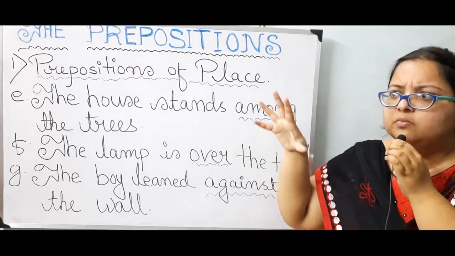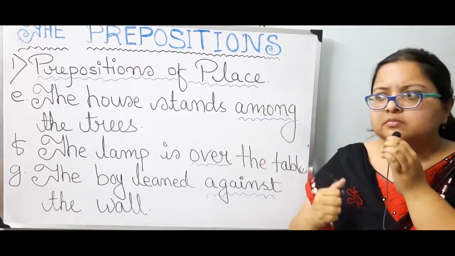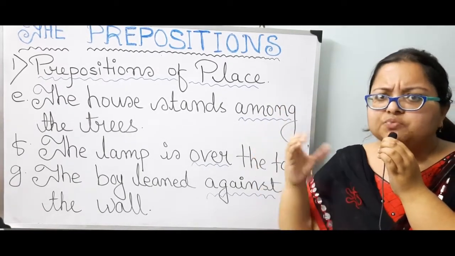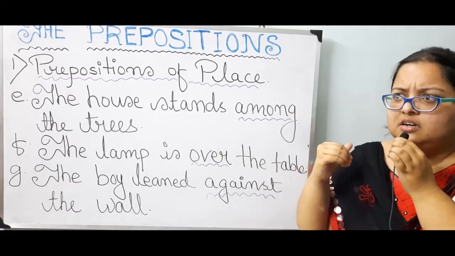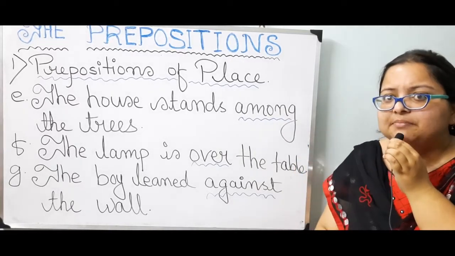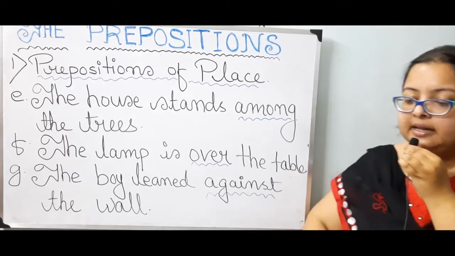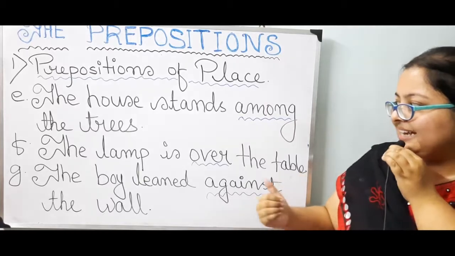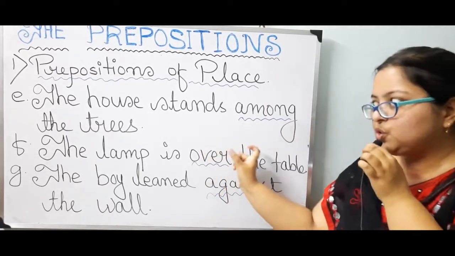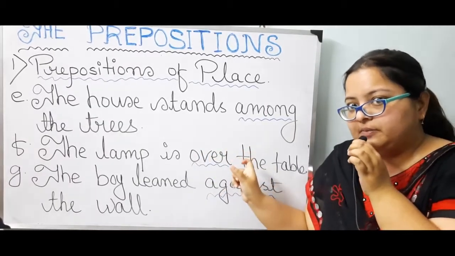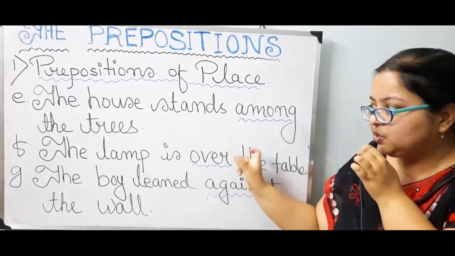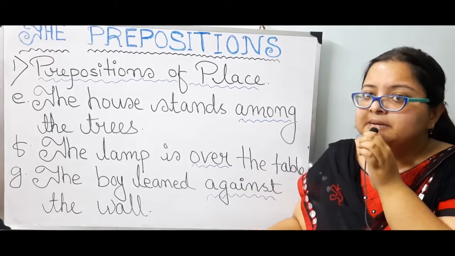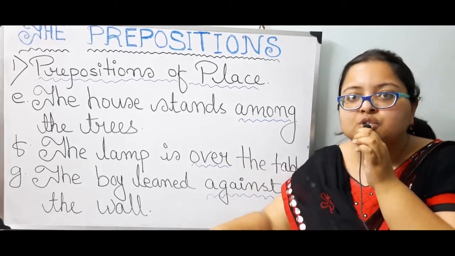Maybe in a shelf, or it is kept on something which is not letting it touch the table, but it is over it. But if I say suppose the lamp is on the table, if I use on in spite of this word over, then definitely on the table means it is touching the surface of the table.